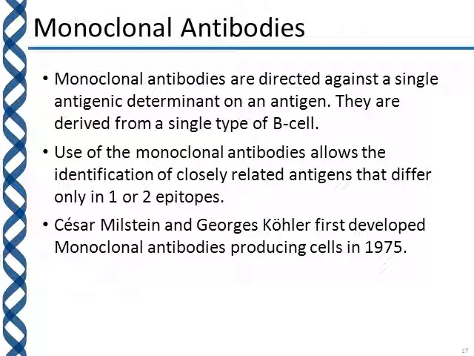The use of monoclonal antibodies allows the identification of closely related antigens that differ only in one or two epitopes. These monoclonal antibody producing cells were initially produced in 1975.